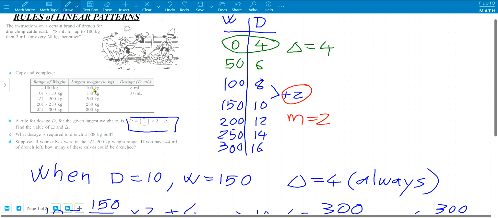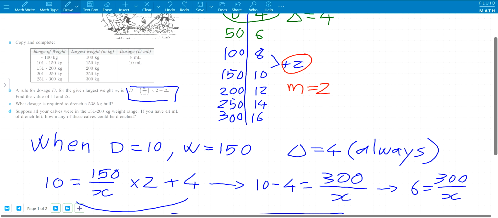And now I take some values from the table. When D is equal to 10 milliliters, W is going to be equal to 150, and delta is 4, and that is always in the formula. Yes, here. That stays the same all the time.